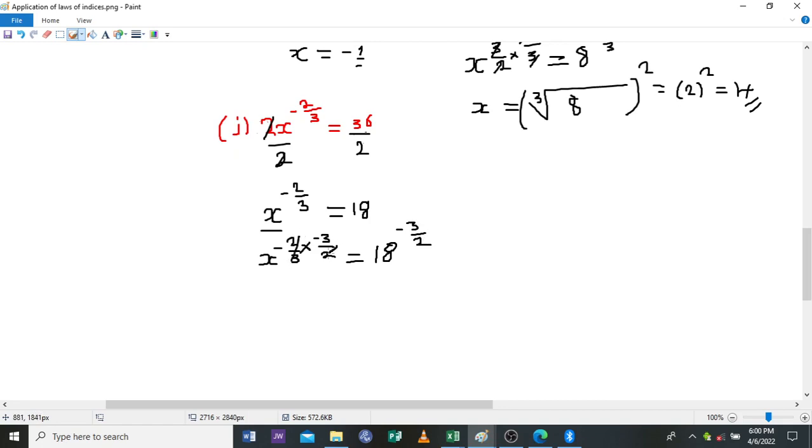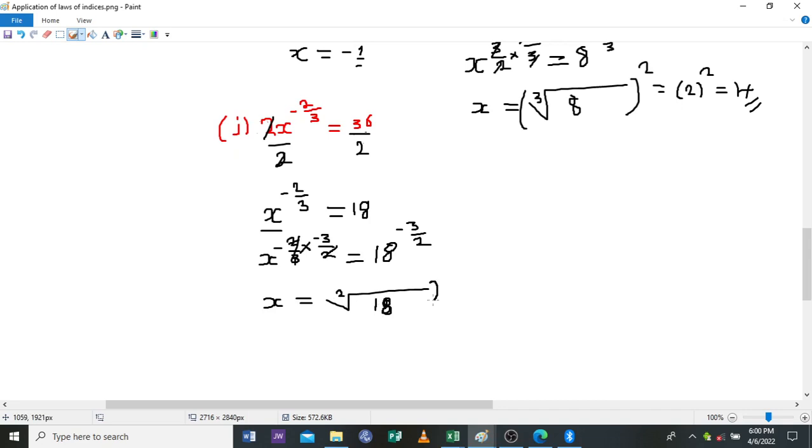Now here, if you divide 2 into 2, 3 into 3, negative times negative will give you positive, so you're going to remain with x is equal to, now what this means is that you have 18, so you want the square root of 18, right?